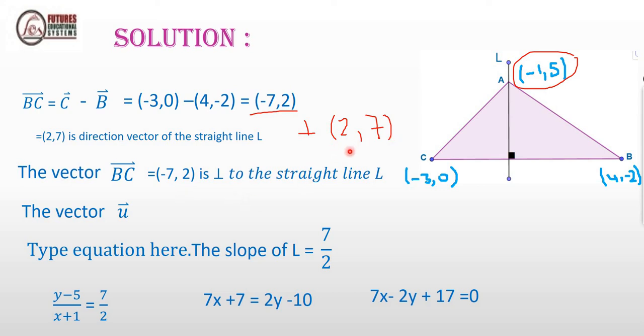We get (2, 7), which is N, the one perpendicular to CB.